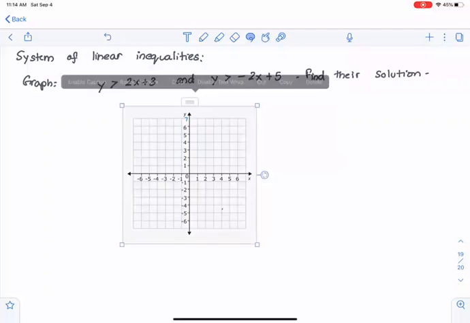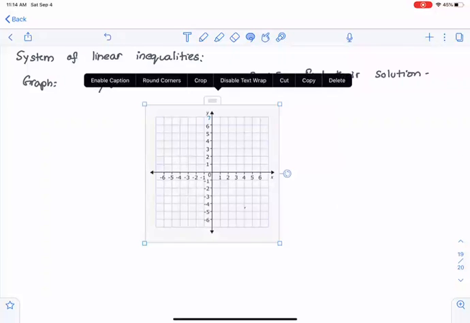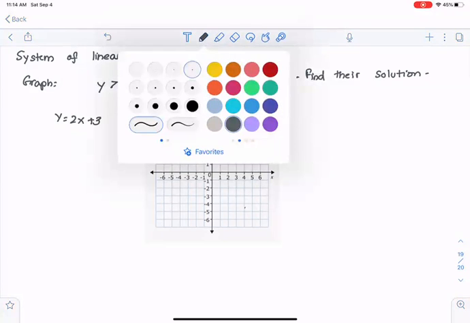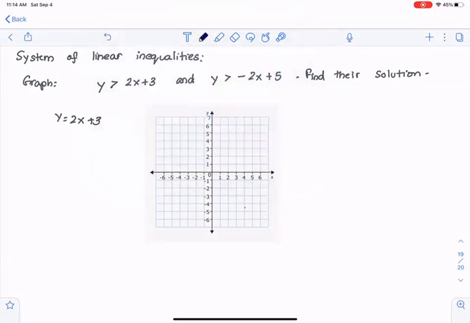So let's take the first line, y equals 2x plus 3. We know the y-intercept already, so positive 3. Open dot because we have a greater than and not greater than or equal to.